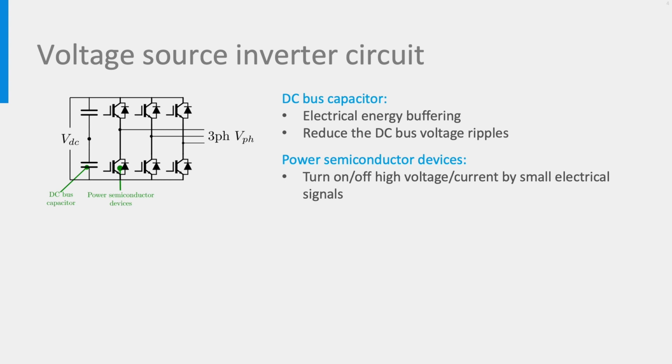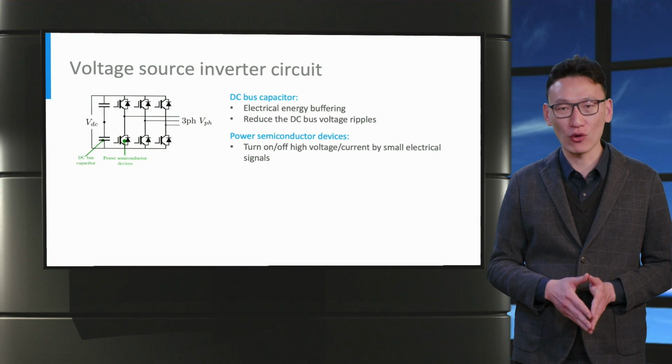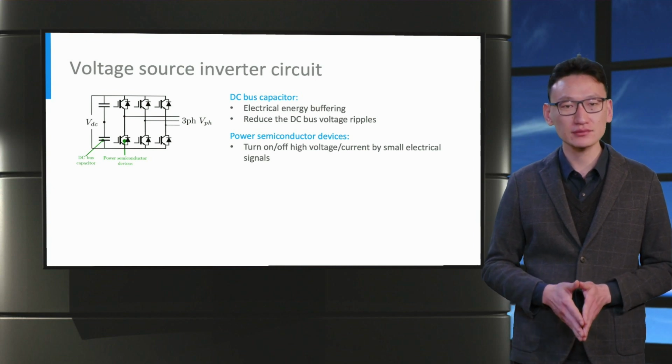The power semiconductor devices work as switches, turning on and off the high voltage and large current so as to produce the variable frequency, variable amplitude, three-phase supply. These power semiconductors are operated by low voltage electrical signals, which makes them suitable for digital control.